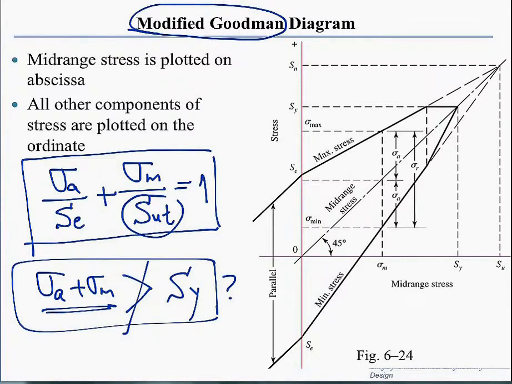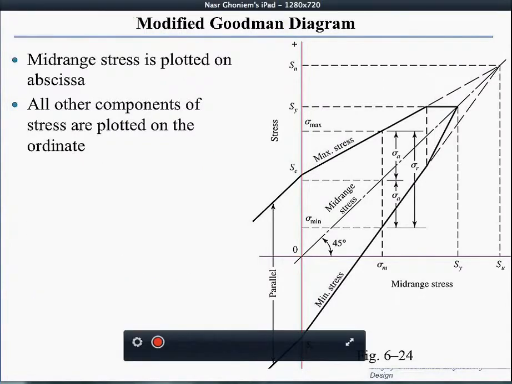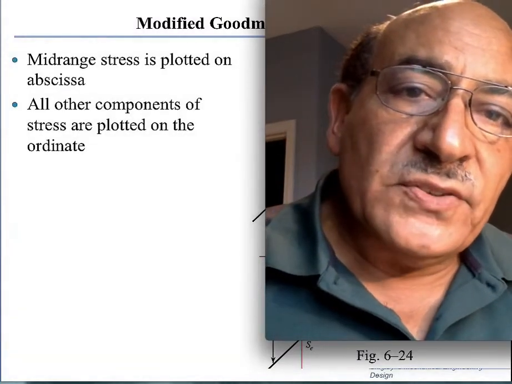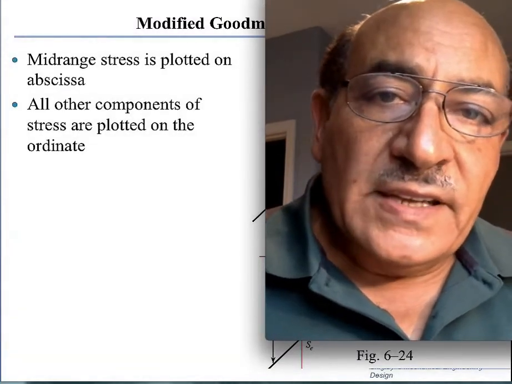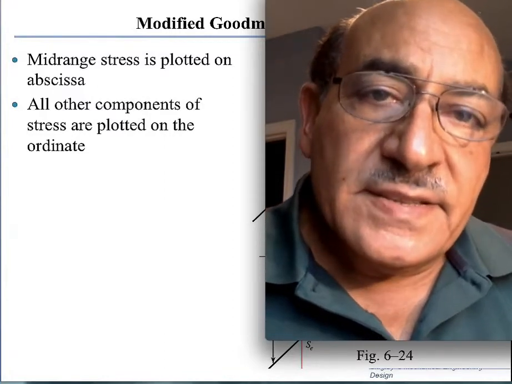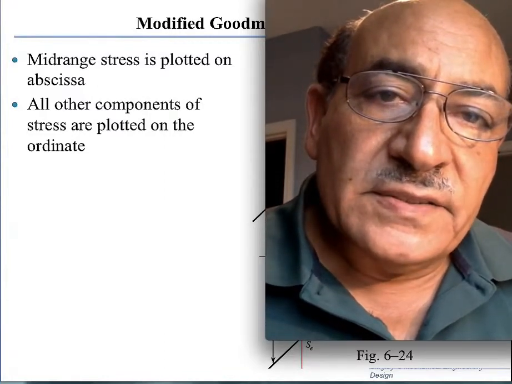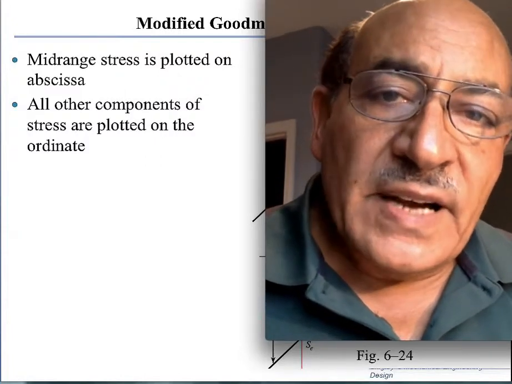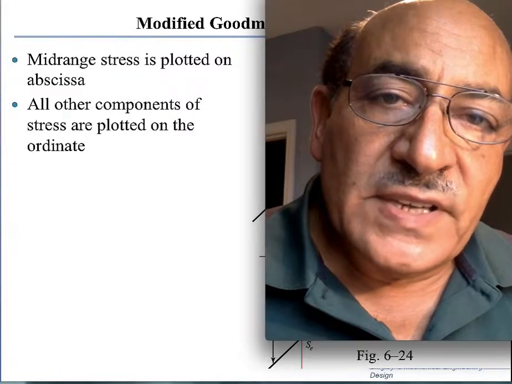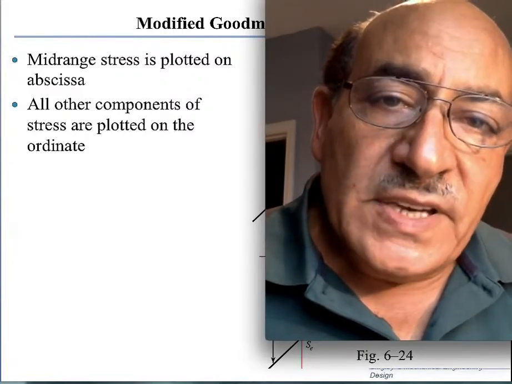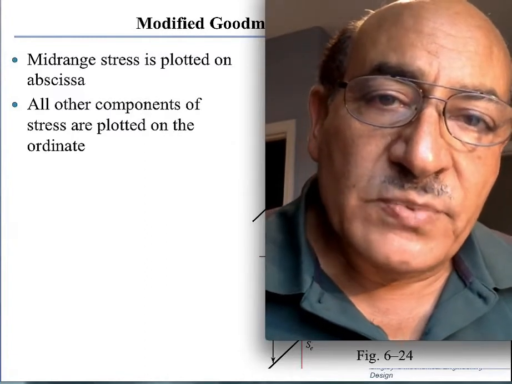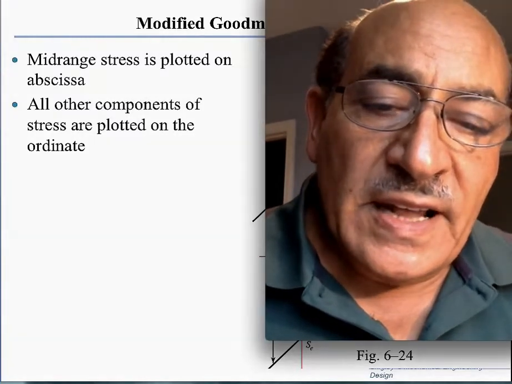So first I'm going to show you a diagram, and this diagram illustrates how you combine the alternating with the mean and not exceed the yield strength of the material under any conditions. And then we will talk about, instead of using a diagram, using equations, which would be much easier to use because we can always either program them or use them on our calculator.